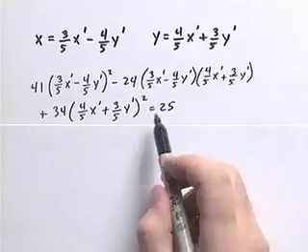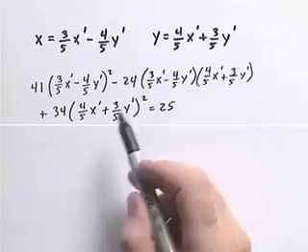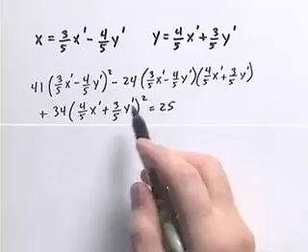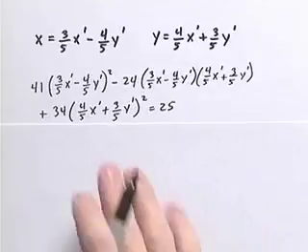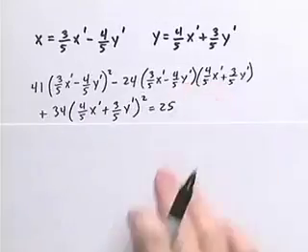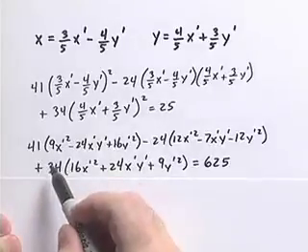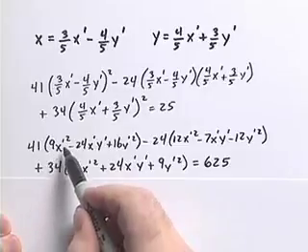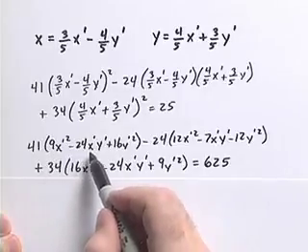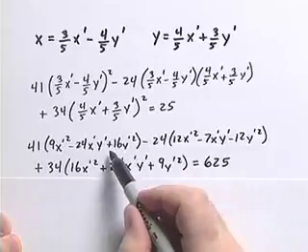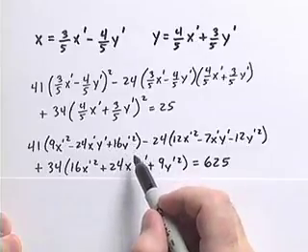If we multiply both sides by 25, that will get rid of our denominators, and then we're going to expand each of these squares and the product. We'll end up with 41 times, in parentheses, 9x prime squared minus 24x prime y prime plus 16y prime squared.